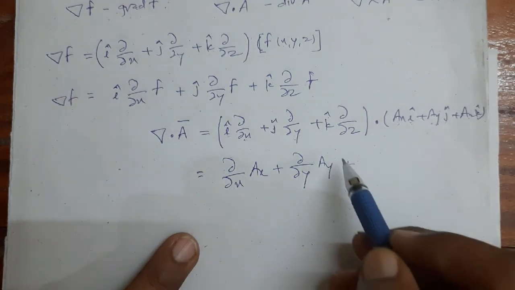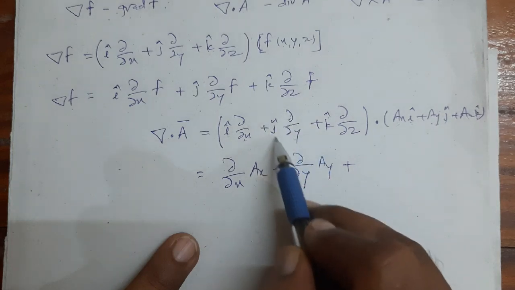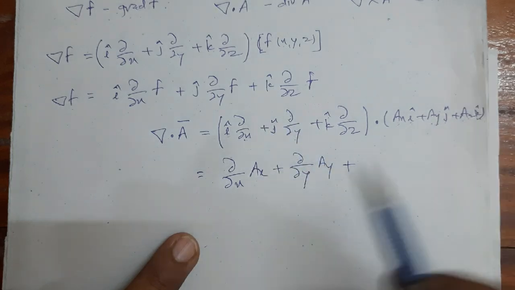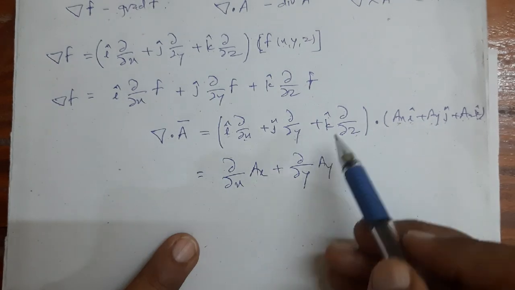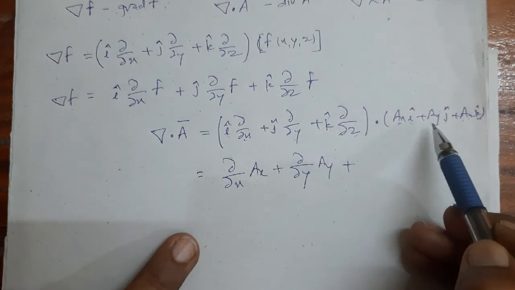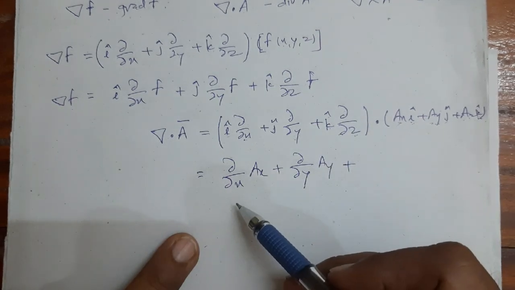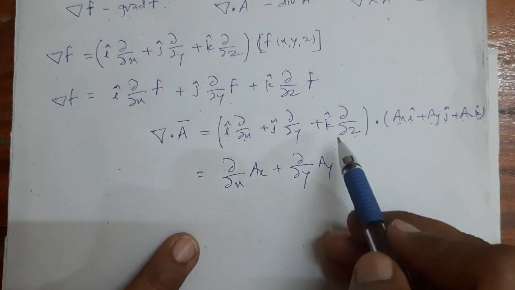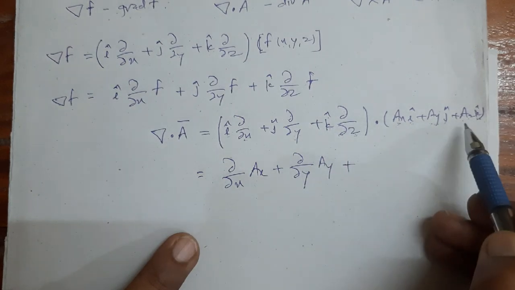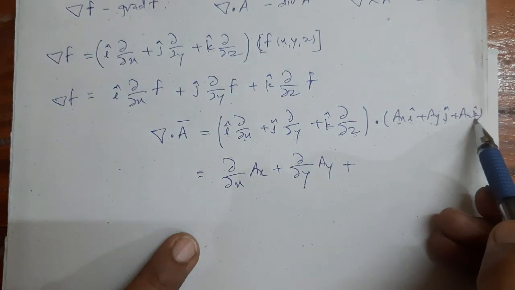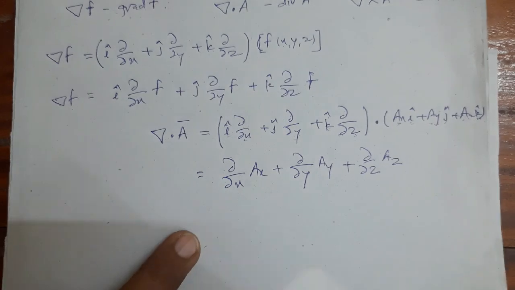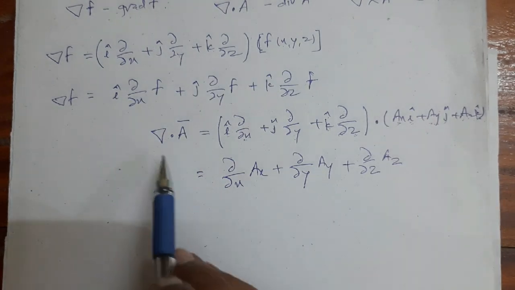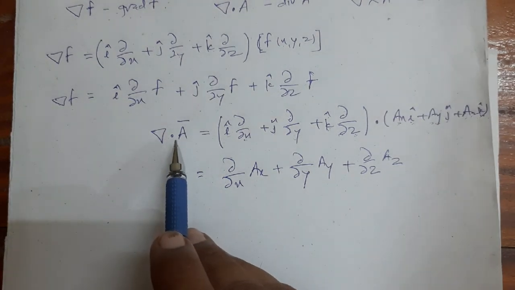And now if you think about the operation of j cap ∂/∂y on az k cap, ∂/∂z on ax i cap, k cap ∂/∂z on ay j cap, you will realize that these terms are 0, but k cap ∂/∂z, if we operate on az k cap, then k cap dot k cap is equal to 1, and I will have to write it is ∂/∂z of az.